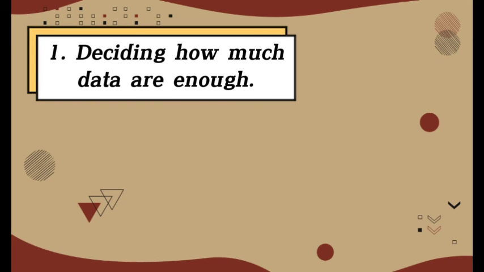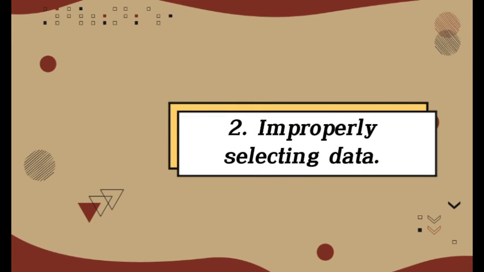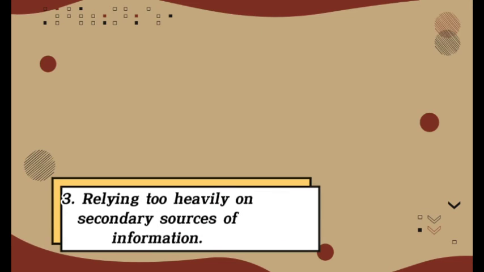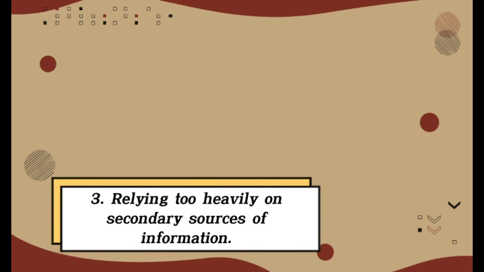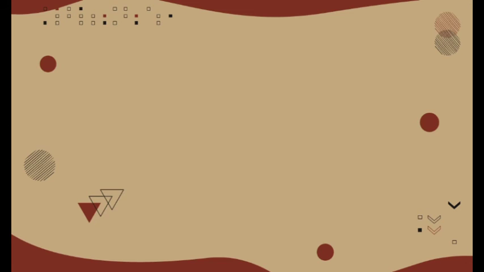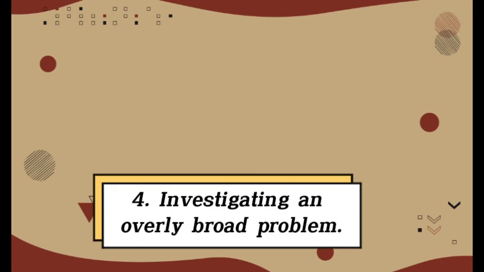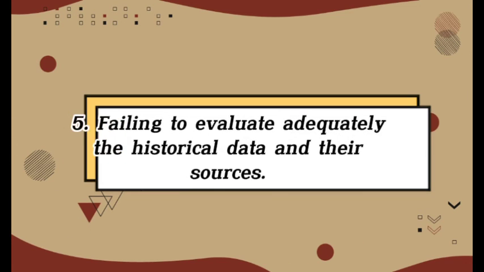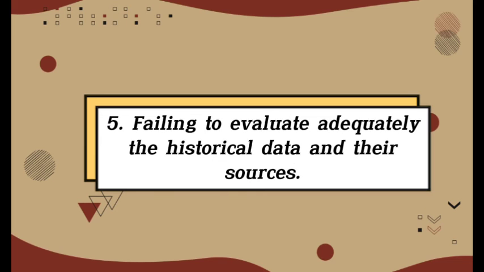Deciding how much data are enough. 2. Improperly selecting data. 3. Relying too heavily on secondary sources of information. 4. Investigating an overly broad problem. 5. Failing to evaluate adequately the historical data and their sources.